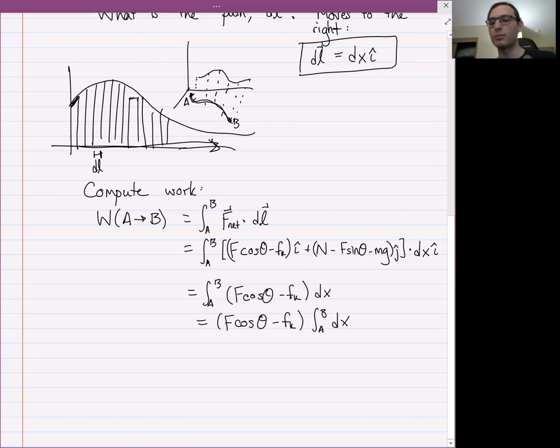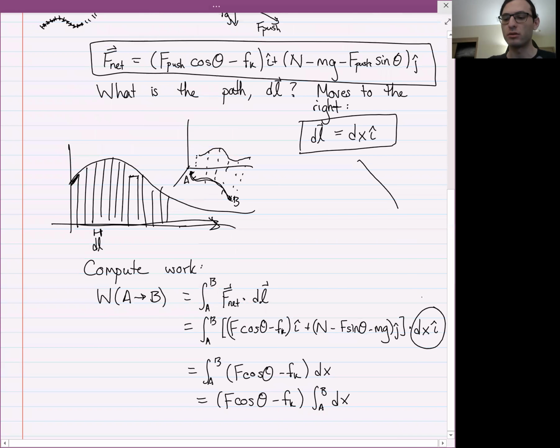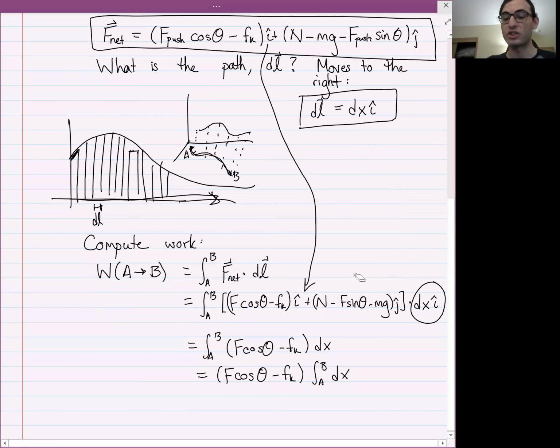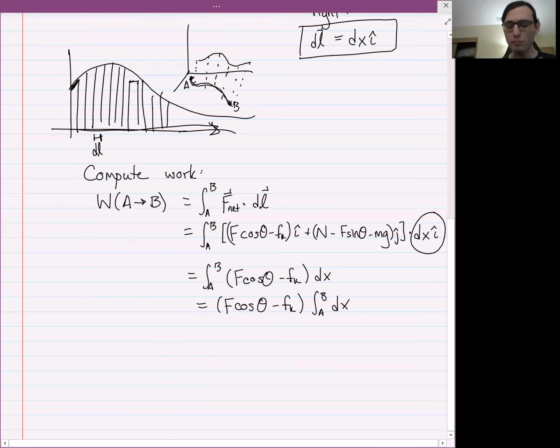Now, I want to make an important point. Why did I write i hat twice? Well, dl is dx i hat, and F net has an i hat in it there. So there are two vectors in this formula, and then we take the dot product of them. An important thing to note here is that this does not mean integrate from x_A to x_B.